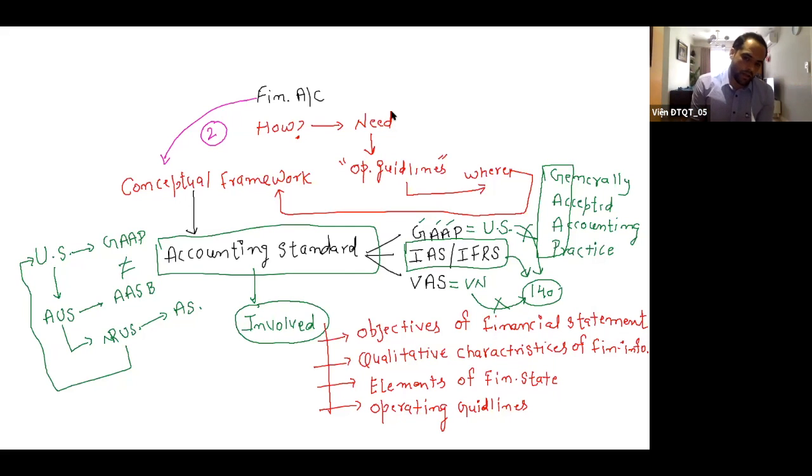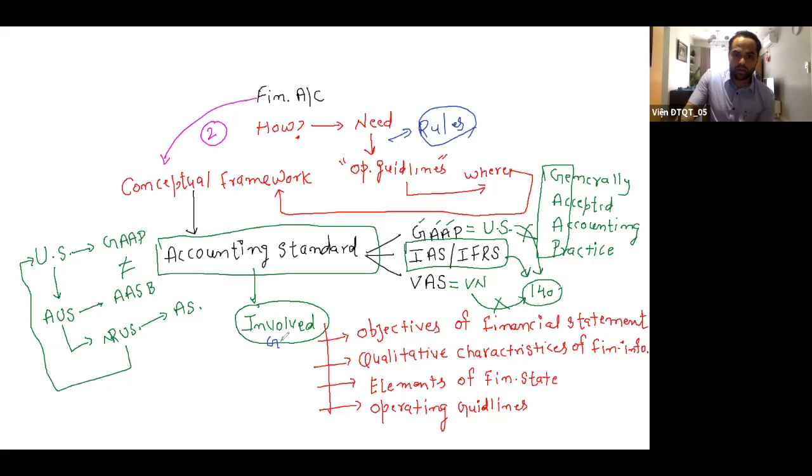All right. Third thing is the elements of financial statement. What are the major parts of financial statement? That is really important, right? Any company's financial statement. And finally, operating guidelines. So you know that operating guideline is like rules, right? Kinds of rules. So what is our objective?